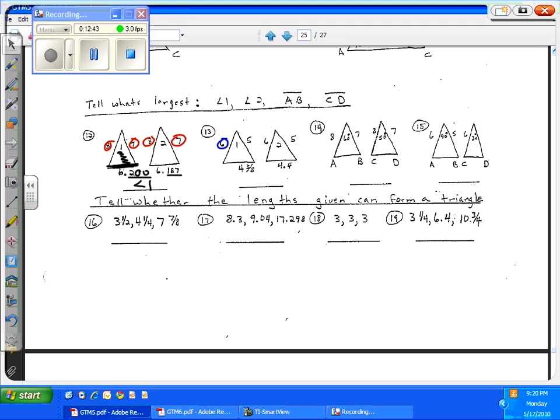Again, given that two sides of one triangle equal two sides of another, the triangle with the larger third side will have the larger included angle. And we're going to have to compare as decimals, so we're going to take that 3 over 8, the fraction bar means divide. 3 divided by 8.